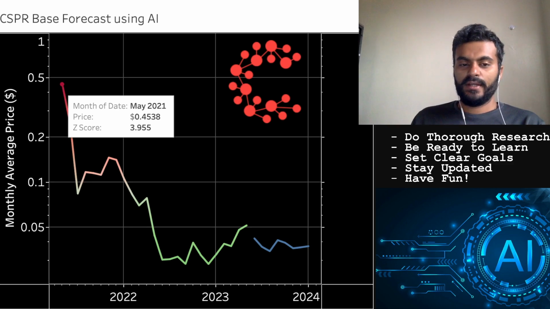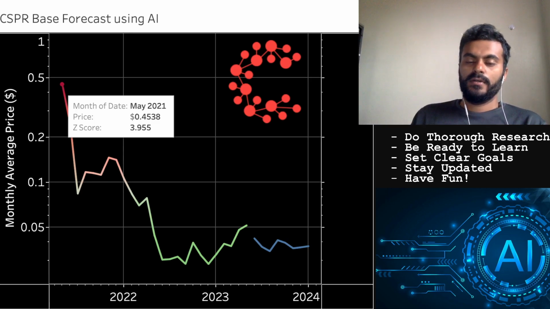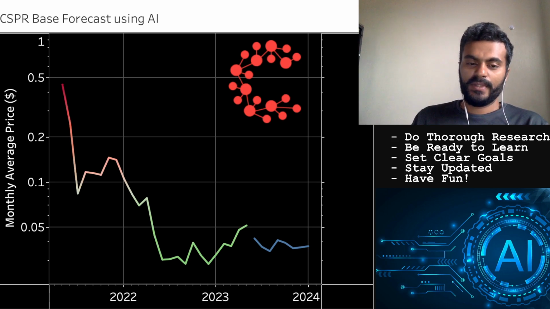So the data that we have is monthly average price data. The data at a monthly level begins in May of 2021, when the price for this crypto started being tracked. And this is the monthly data on the chart. You are seeing a monthly average price color coded in terms of a z-score.